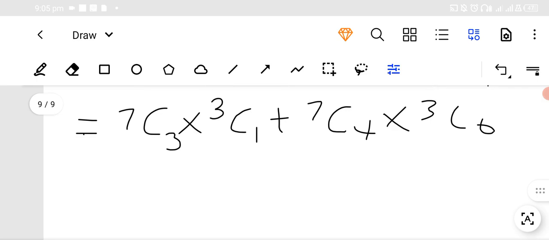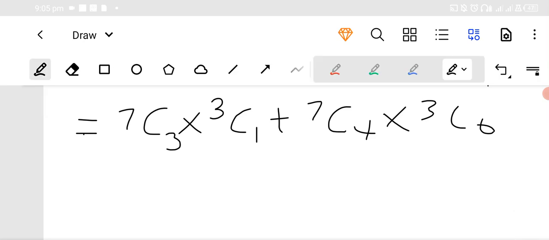Type that into the calculator. 7 combination 3 times 3 combination 1 is equal to 105, plus 7 combination 4 multiplied by 3 combination 0, which is 35. 105 plus 35.